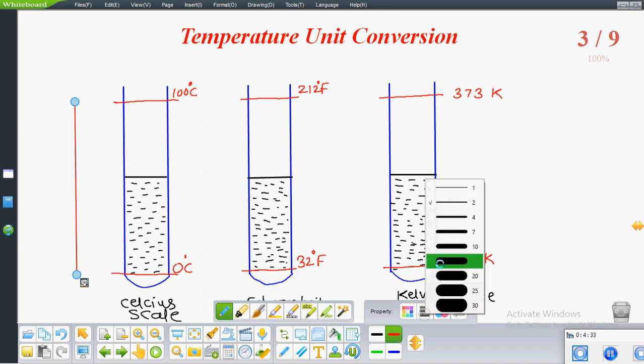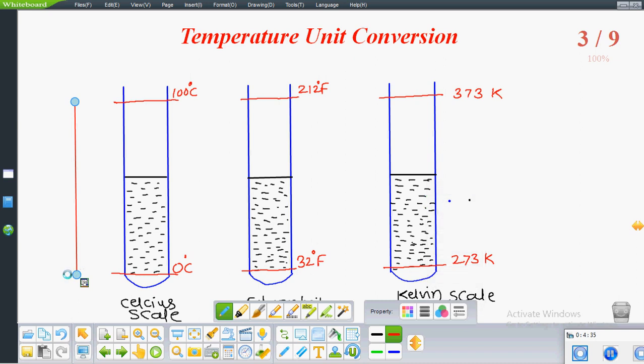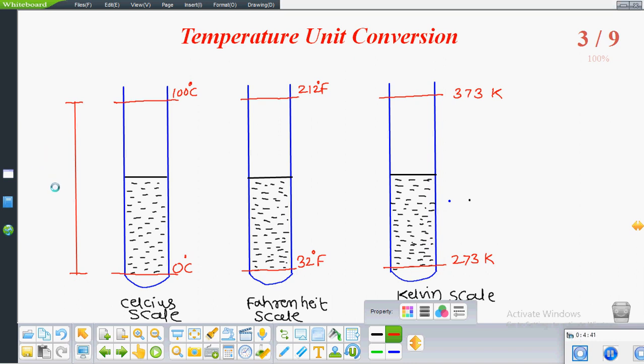So here, this is a length and it will be equal for each and every tube, right?